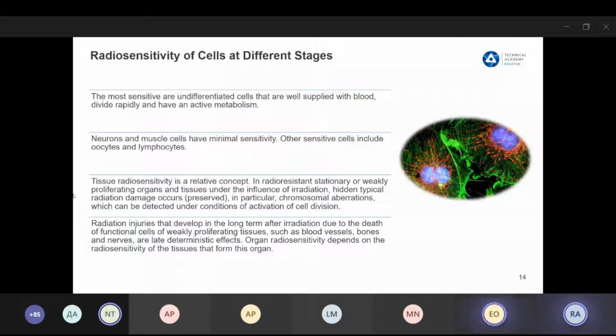The average degree of radiosensitivity: skin, endocrine glands. And radio-resistant organs are the liver, kidneys, and brain.